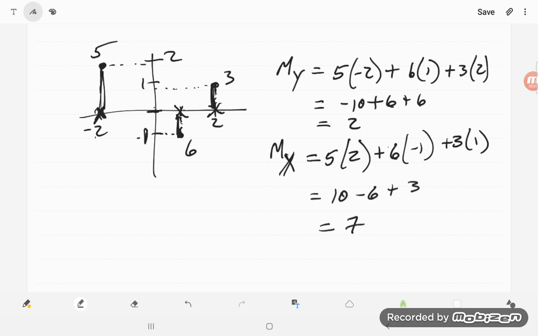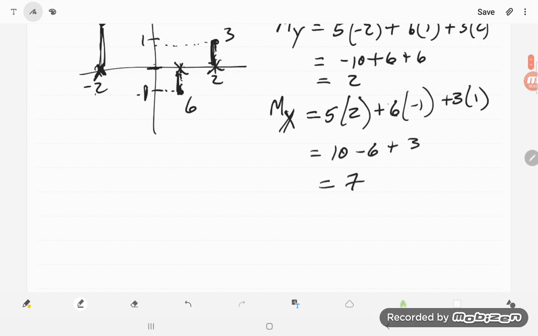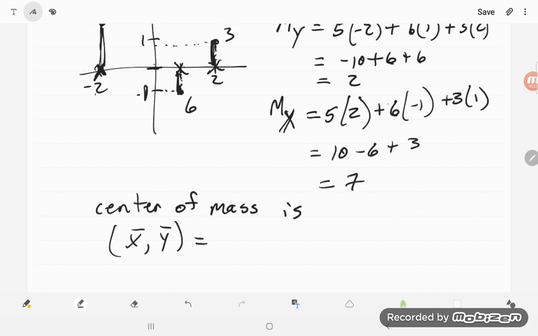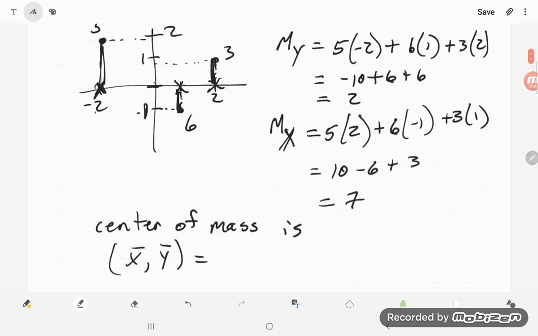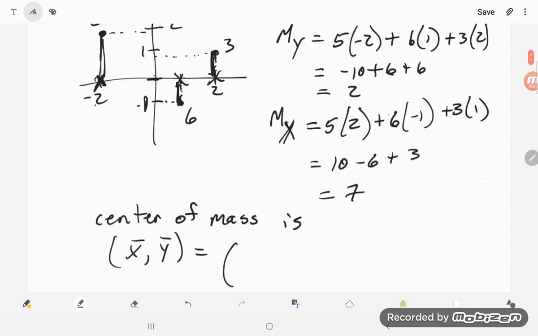And then to get our center of mass, x bar, y bar, we calculate those just as we did before, but this is the thing you've got to be careful of with your notation. See this m sub y?